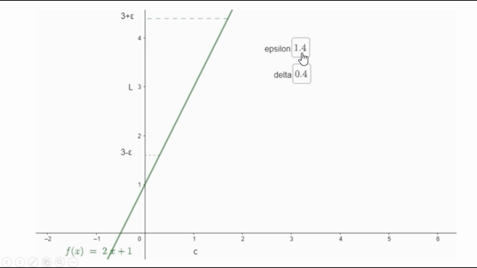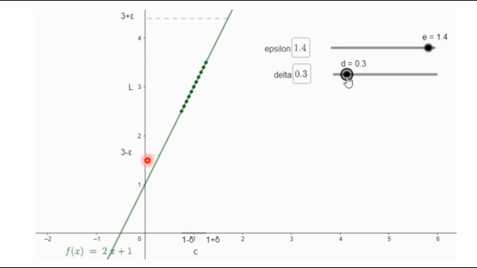So for the meantime, epsilon is set to 1.4, so that is how far away the function is from the purported limit L. While delta is set to 0.4. Notice that when we adjust delta, if this is 0.6, then this set of points are well inside the epsilon restriction, so that is fine.